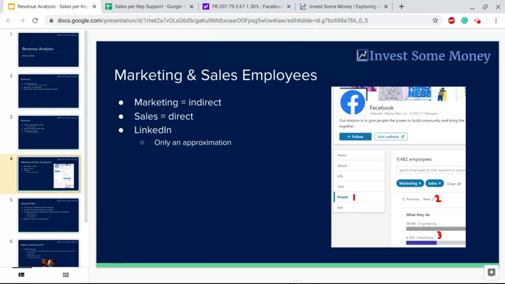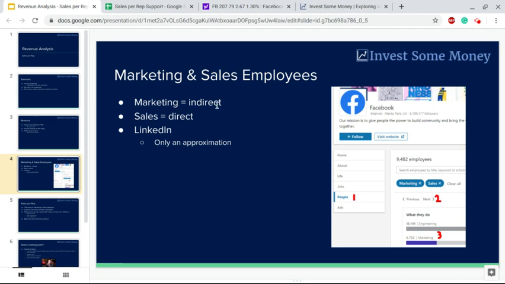You will probably notice, as I did, that it's not completely right. They'll put some people in sales that don't belong there, and some people are not included in sales. Especially when you start talking hundreds or thousands of employees, it's going to be a big approximation, but it's about the best we have to work with. So that's what we use.